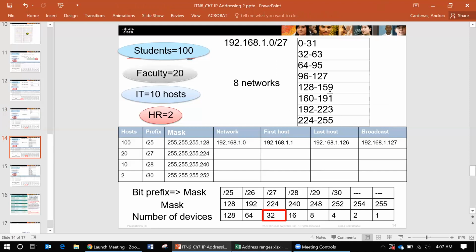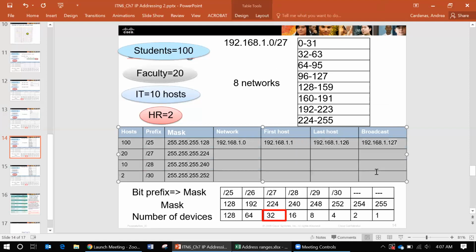Okay, now the question is, how does that relate to what we're doing here in subnetting? Well, we used 0 through 127 already, so we cannot use those. We have to use other addresses for this other network.